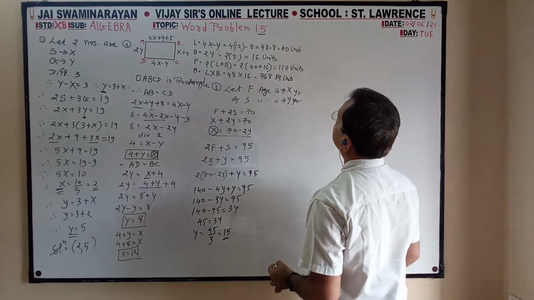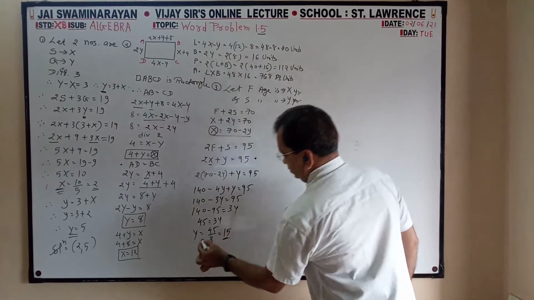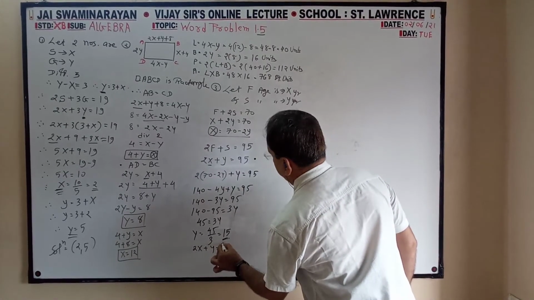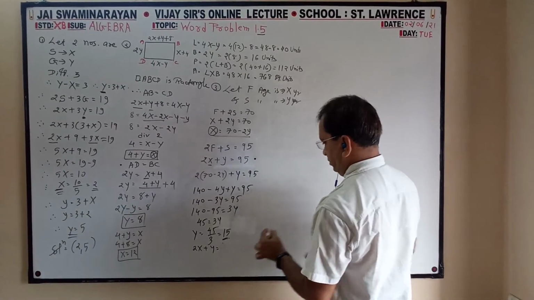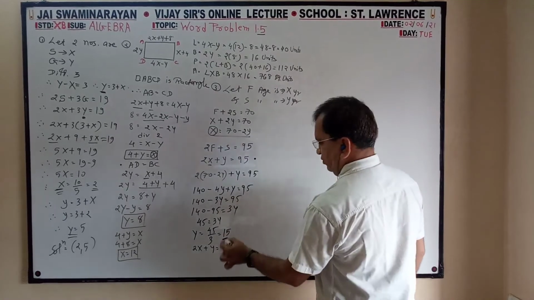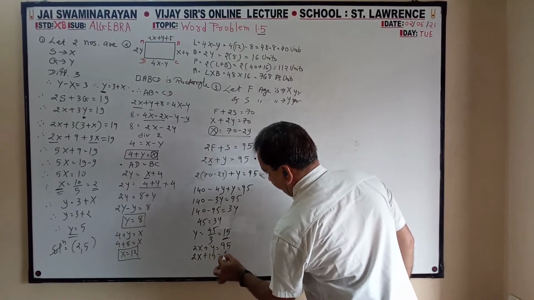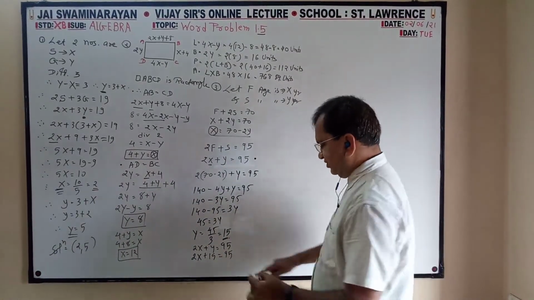So y we got. Substituting this, 2x plus y is equal to 95. y is equal to 15. And now 15 less.